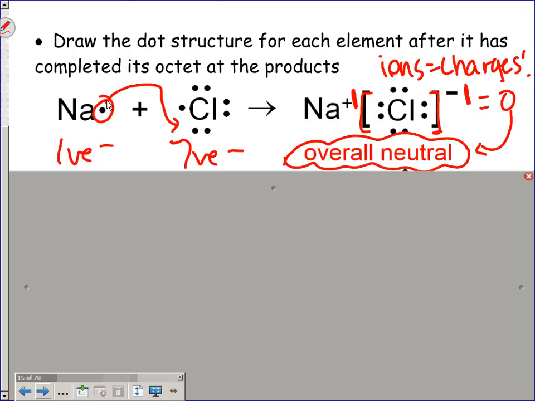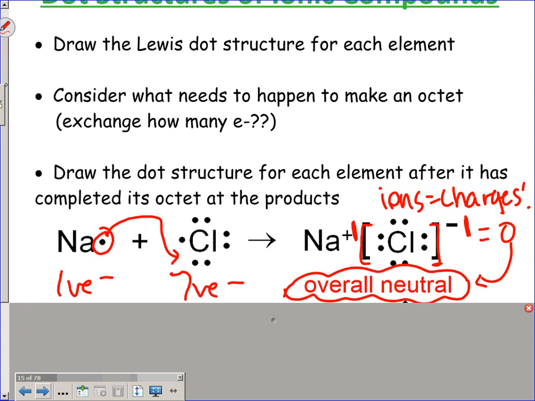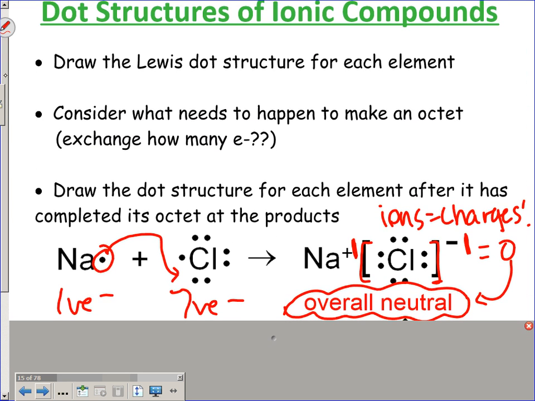One offsets the other to create overall a neutral ionic compound, despite there being charged particles within it. Sodium now has an octet inside, which was its last valence shell, and chlorine has an octet on the outside, which is its current valence shell. This is an example of a Lewis dot diagram for an ionic compound.